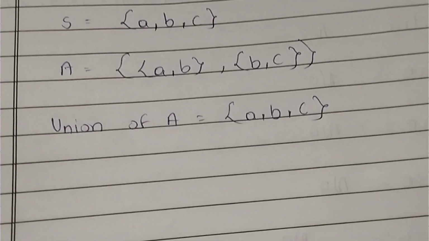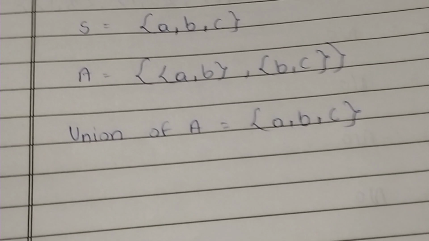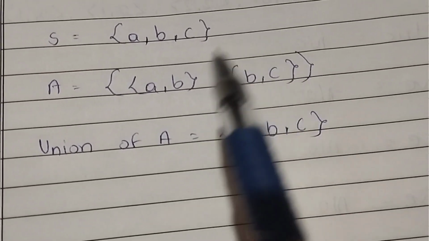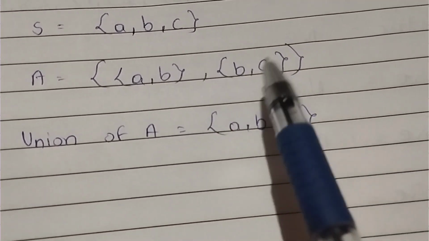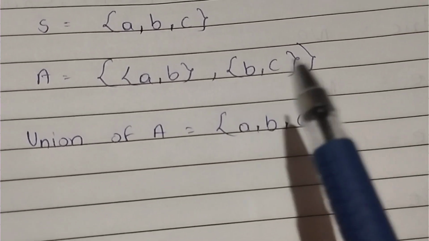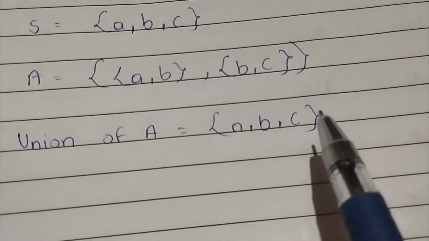Now the next concept is partition and covering. Covering means if the given set is ABC and A is a relation with elements AB, BC, then if we take the union of A, we get the first given set.